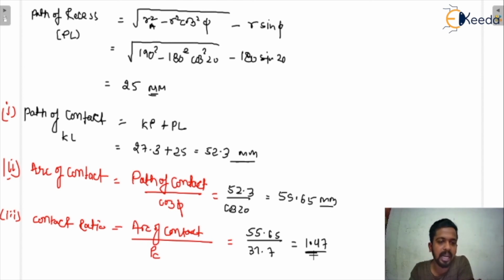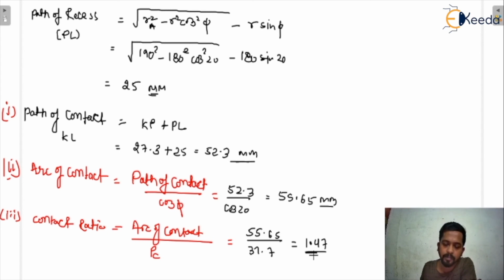I hope you understand how to calculate the path of contact, the arc of contact and the contact ratio. This is basically the conventional type of problem. If you are able to solve this type of problem, you can easily solve the simple questions, because I'm going to discuss the complicated questions.